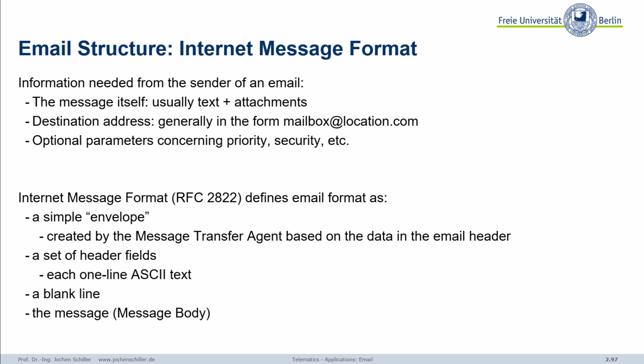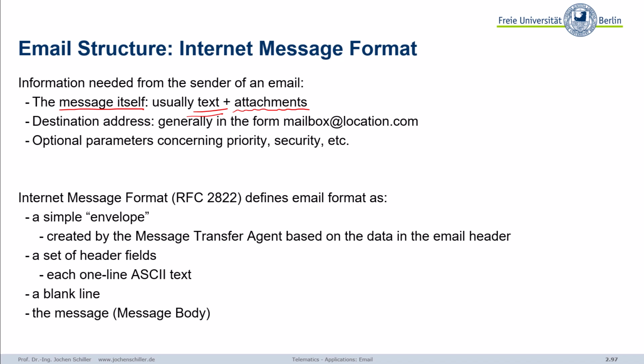Okay, so we need a message format. So what is needed in the end? We need the message. Whoa, big surprise, the message itself. So that's text. And something newer, at least from the very beginning, it was not really planned to have something like attachments. So this is newer, attachments and multimedia and whatever.